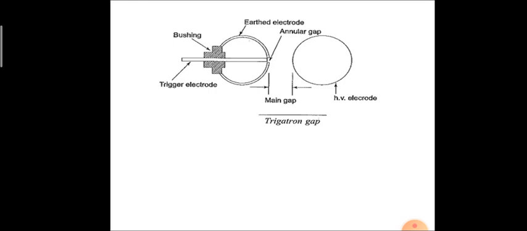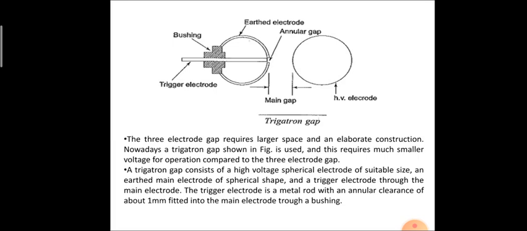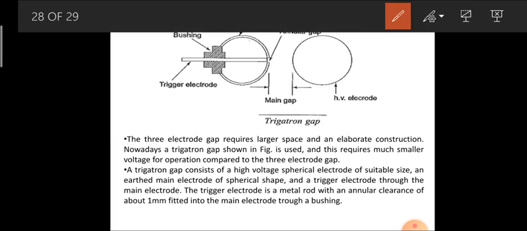A trigatron gap consists of a high voltage spherical electrode of suitable size, an earthed main electrode of spherical shape, and a trigger electrode through the main electrode. You can see here this is one electrode, which is my high voltage electrode.